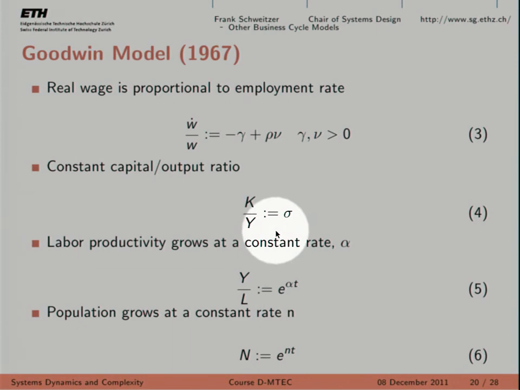All right, labor productivity now, this is a more realistic assumption, grows at a constant rate. Okay, so this is the amount of people employed. This is the rate that labor productivity grows. It's alpha.